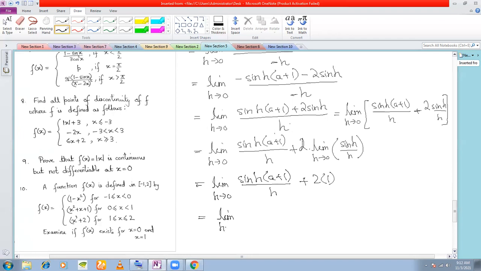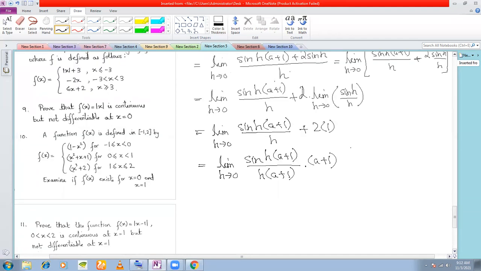Limit h tends to 0 sine h times (a plus 1), and in the denominator also you take h times (a plus 1). So what is the extra that you have added? You have added a plus 1, so you multiply this by (a plus 1).